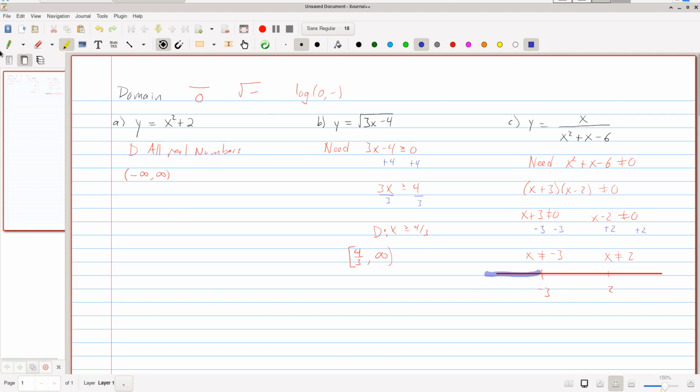So that means we're going to include everything from negative infinity to negative 3. We can also include everything from negative 3 up to positive 2, making sure not to include negative 3 itself. So we're also going to include everything from negative 3 to 2. And we're also going to include everything from 2 on upward, 2 to infinity.